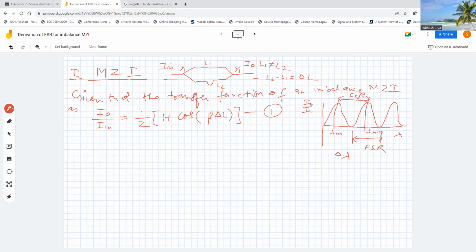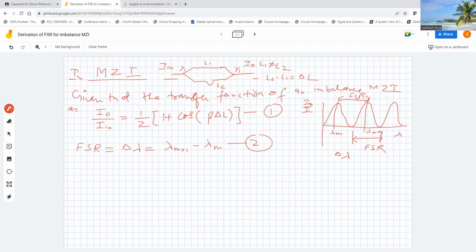Now moving to defining here, FSR is equal to delta lambda is equal to lambda m plus 1 minus lambda m. This is equation number 2, which we have written here.